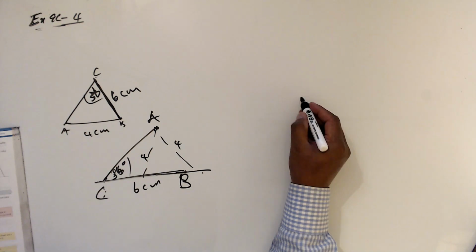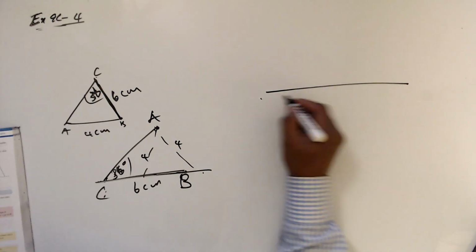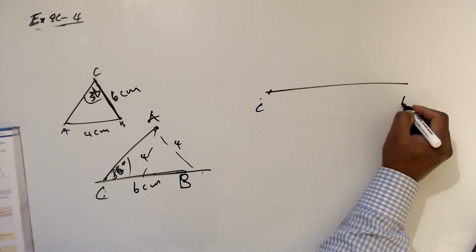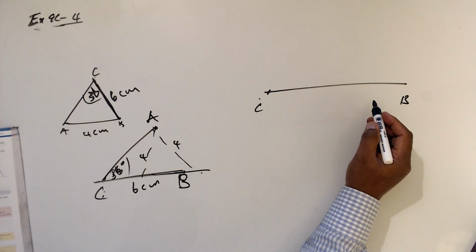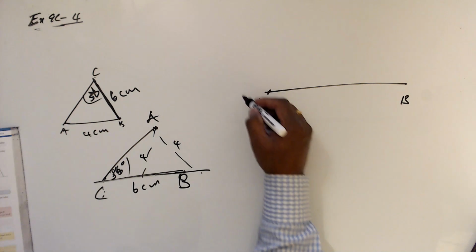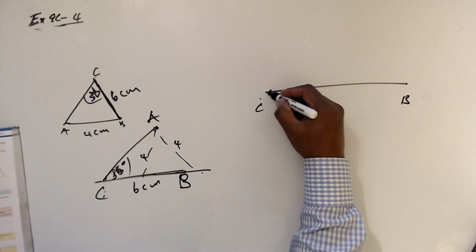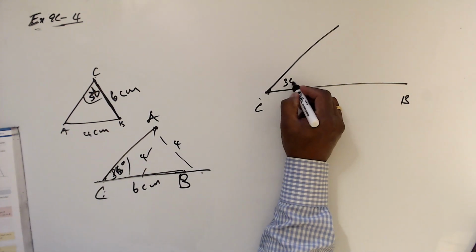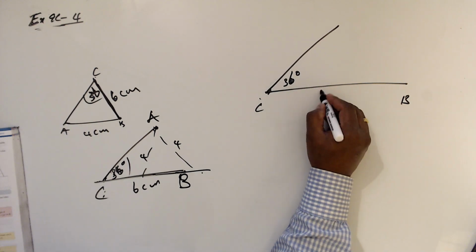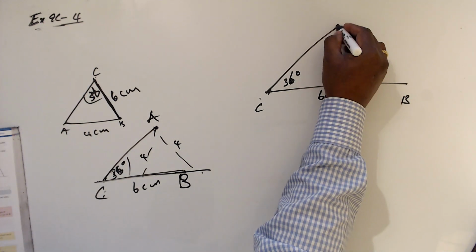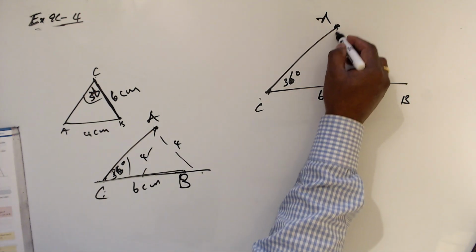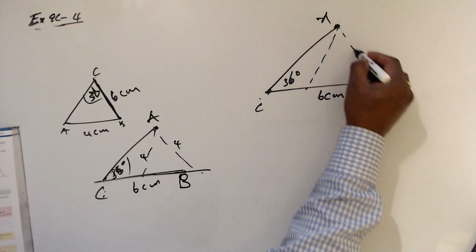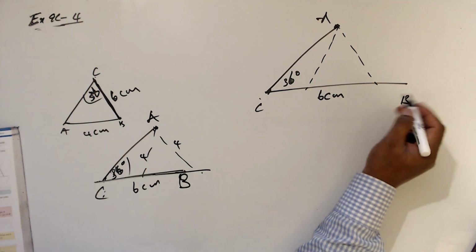So then this is C and B, and BCA or ACB is 36. So this is 36 and this is 6 centimeter and this is A. Then we have 2 options for B.